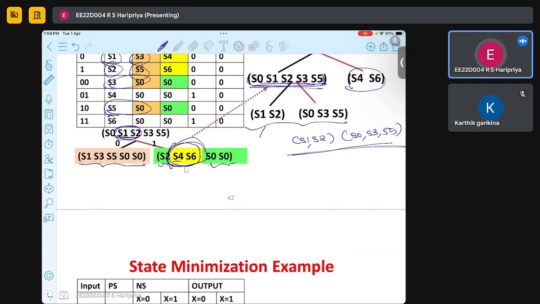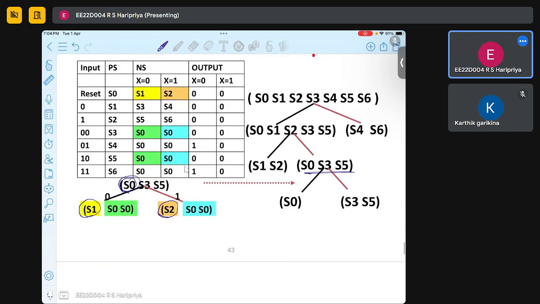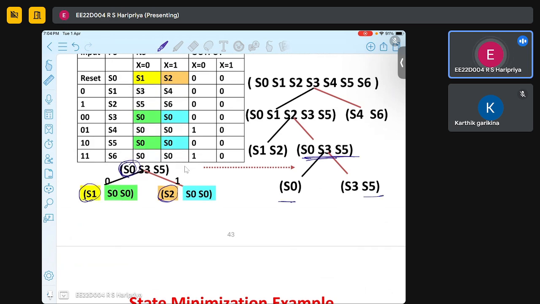Again, now we have to see what will be the next set for 0 and 1. Again, this and this are in separate sets. That means S0 is separate. We got S0 separate, 3 and 5 separate.